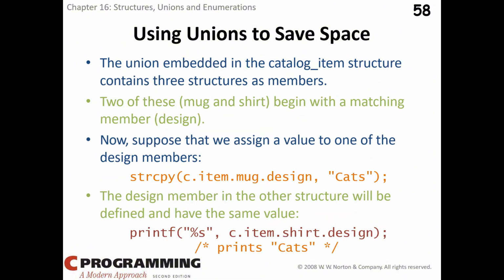Within the catalog item structure, a union is used and it will store three distinct structures as its members. Among these structures, both the mug and shirt begin with an identical member, which is design. Now, suppose a value is assigned to one of the design members within the union. We can see the example here in the first code in our slide.